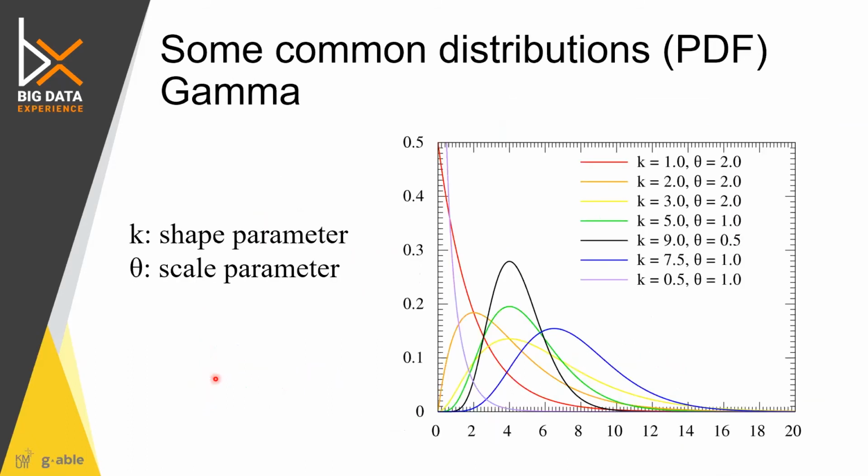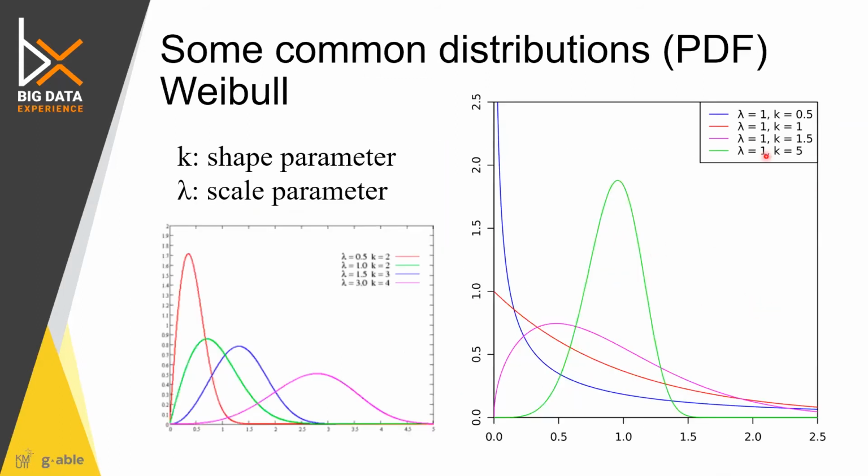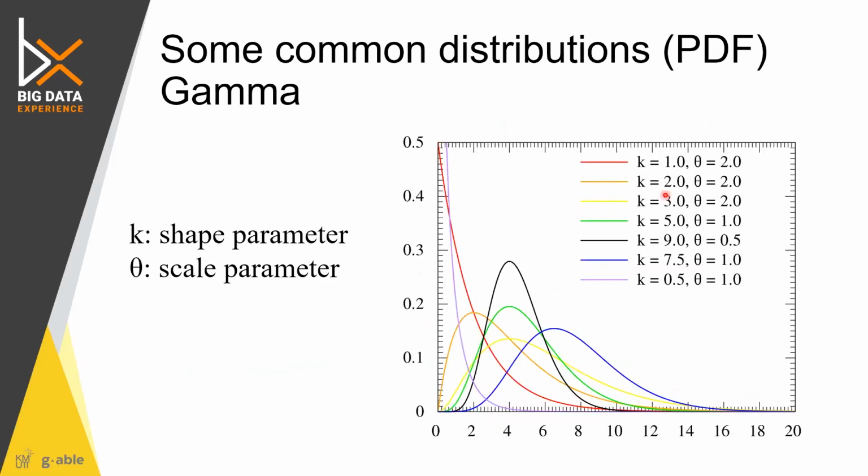Okay. Compared to the gamma distribution, they are quite similar to a certain extent. But what you can see here is that with the shape parameter at only 5, you get almost a normal distribution. While for gamma, when k is 5, you have something that still has a bit of rightward skew.